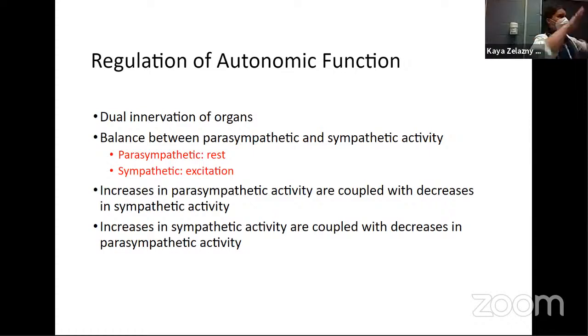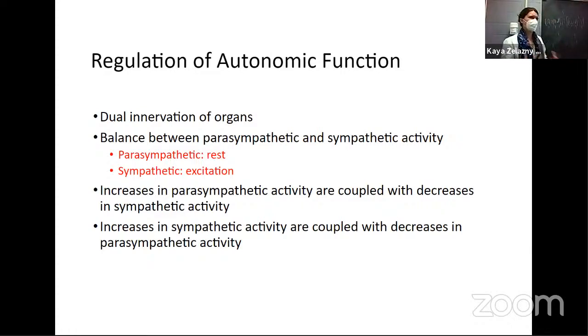So there's always a balance. We're thinking about like a dimmer switch between whether there's more parasympathetic or more sympathetic, but we're not really going to be at zero for either. The parasympathetics dominate at rest, and the sympathetics dominate in stressful situations, that fight or flight situation.